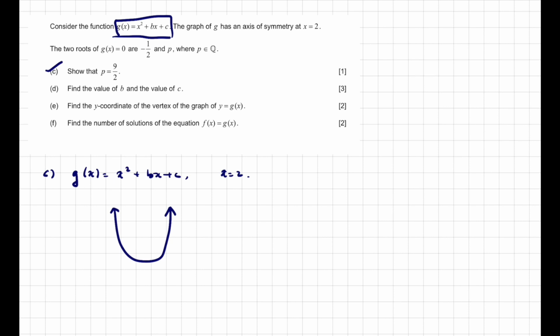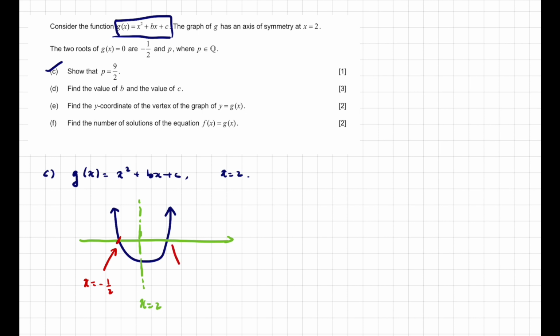And we also know that the axis of symmetry is at x equals 2. So let's say this is the axis of symmetry, and it's x equals 2. And one of the roots is negative 1 over 2. So if I say there is an x-axis, I'm not sure how the graph will look, but we know the x-axis will go through this parabola, and one of the points is negative 1 over 2, right?